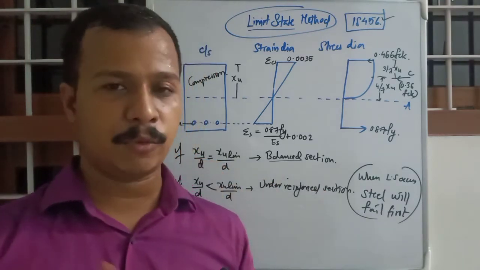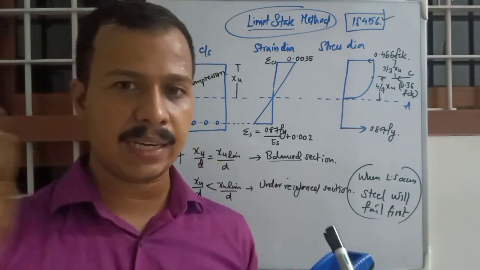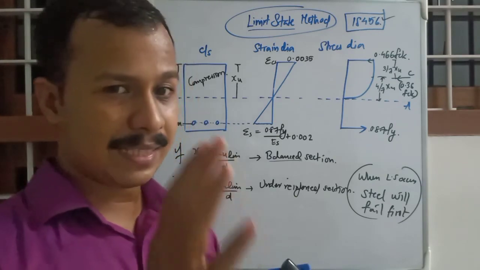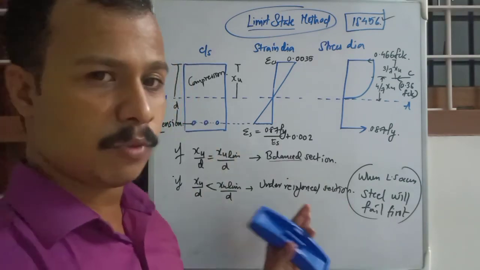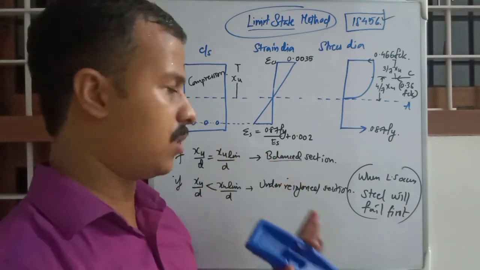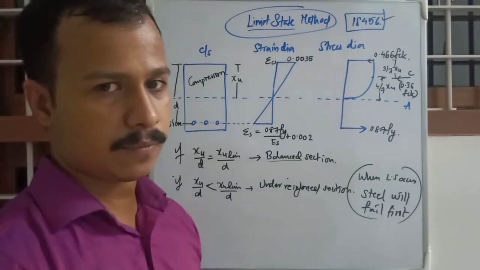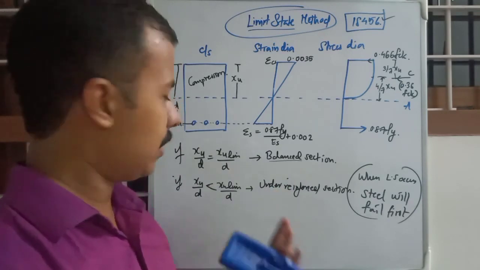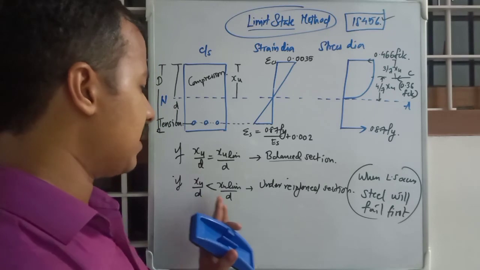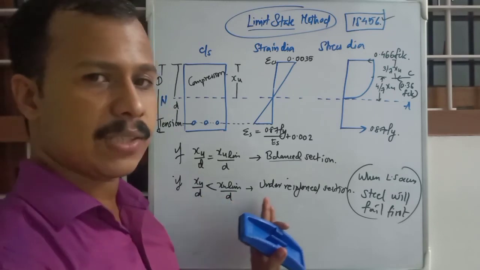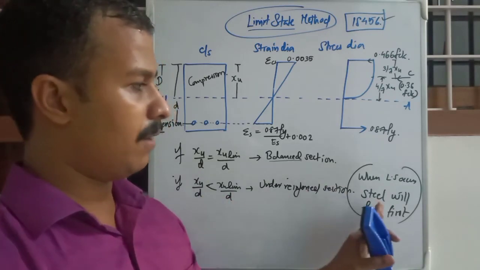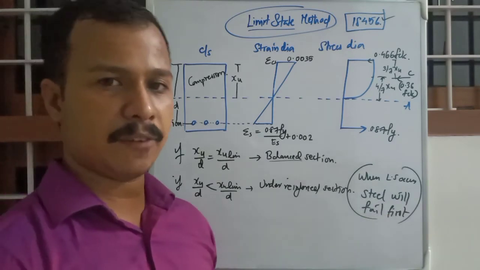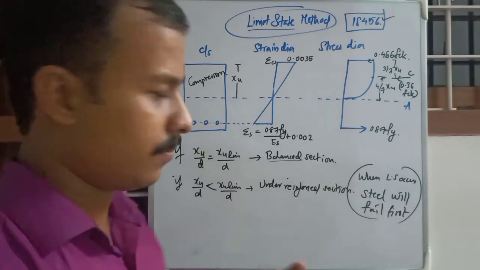So I will have time to escape, to take my belongings and run for my life. So that is an advantage. We want all our sections to be under reinforced. If Xu by d is less than Xu limit by d, it is an under reinforced section. That is, when limit state occurs, steel will fail first, and that is an advantage.